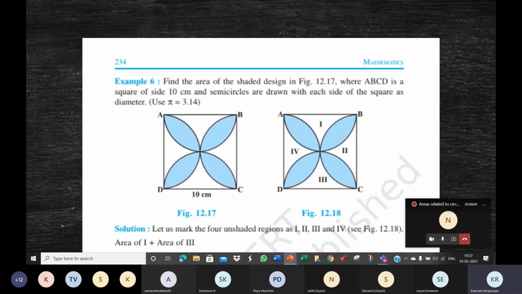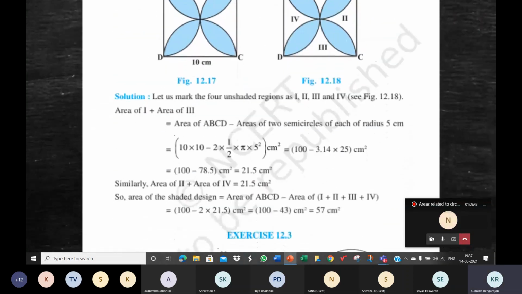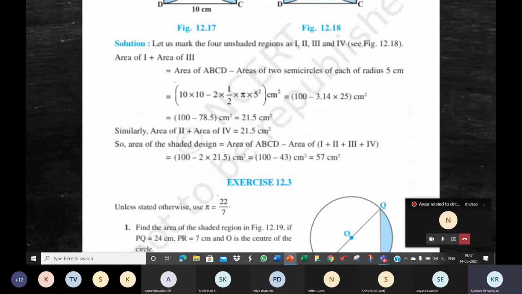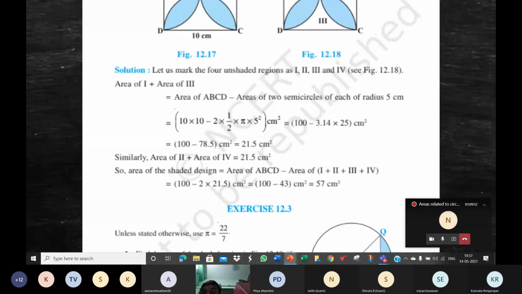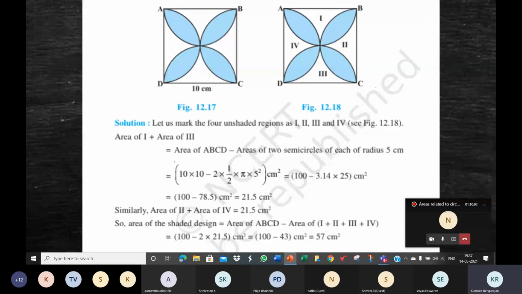So 100 minus 40, 60 centimeters square. Complete the working, children. Try it now. You can use the working you see here on the screen. Please try it now, children.